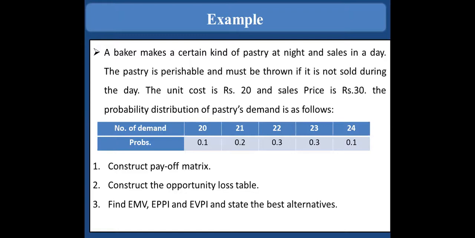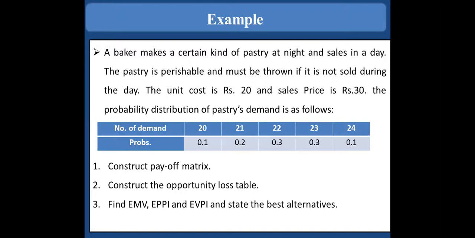And we have given probability, as he has some past information regarding demand. So here in this table we have given the respective demand on a particular day, that is 20, 21, 22, 23 or 24.